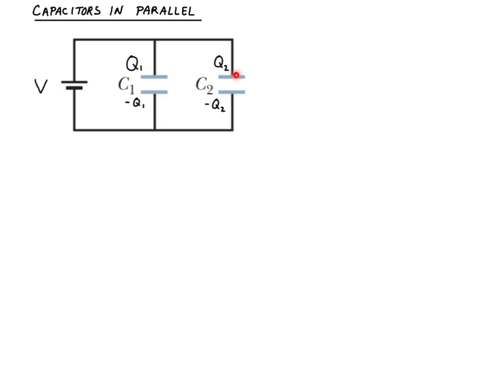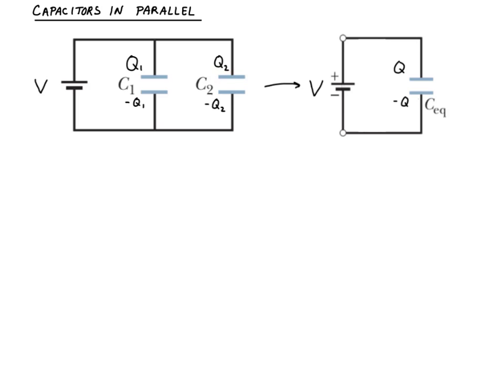Can this circuit be replaced by an equivalent circuit, where there's only one capacitor, CEQ, EQ for equivalent, with charge Q and minus Q, yet behaves exactly the same as the two capacitors? How can we write an expression for C equivalent in terms of the original capacitances, C1 and C2?